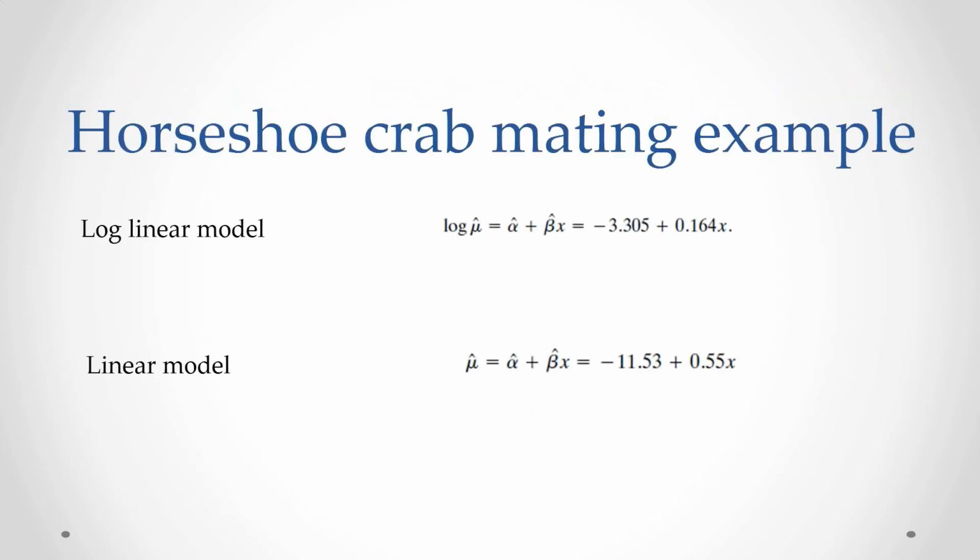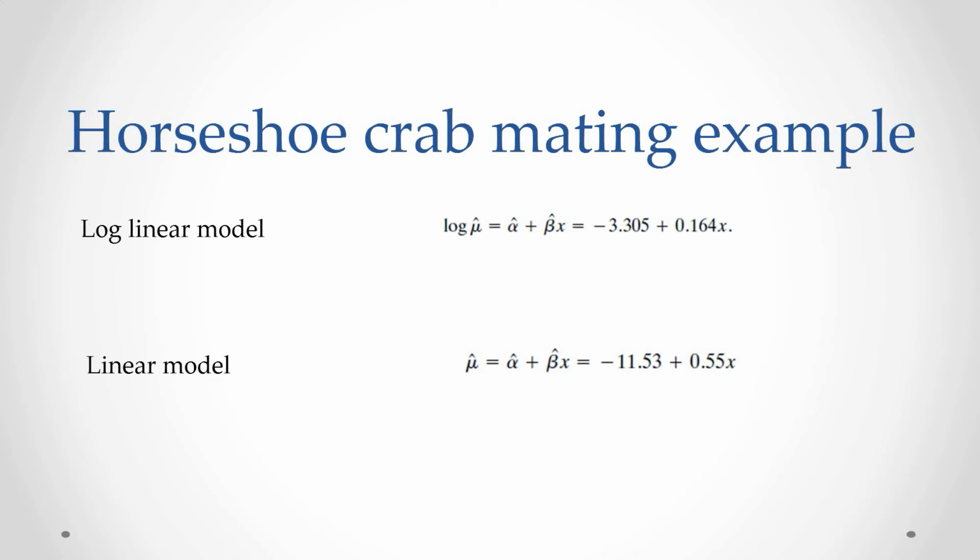GLM software was used to fit the log linear model to the data. The log linear model, the fitted regression equation, says log of mu hat equals alpha hat plus beta hat x. We can get the maximum likelihood estimators of alpha and beta, and it turns out to be alpha hat equal to minus 3.305 and beta hat equal to 0.164.